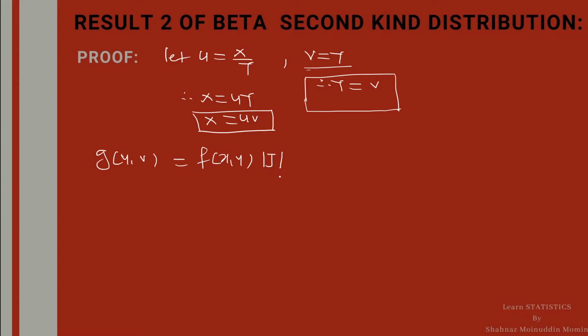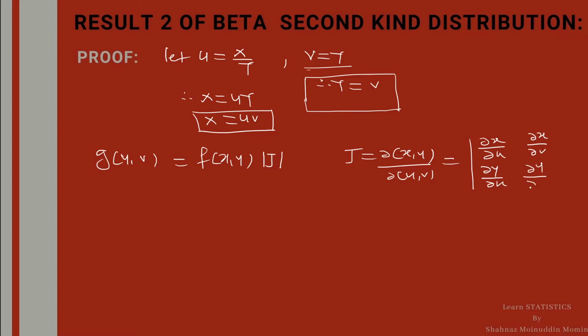Now we are using only the formula, where J is the partial derivative of (x, y) with respect to (u, v), which is equal to the determinant with first row ∂x/∂u, ∂x/∂v and next row ∂y/∂u, ∂y/∂v. This is the Jacobian of transformation.